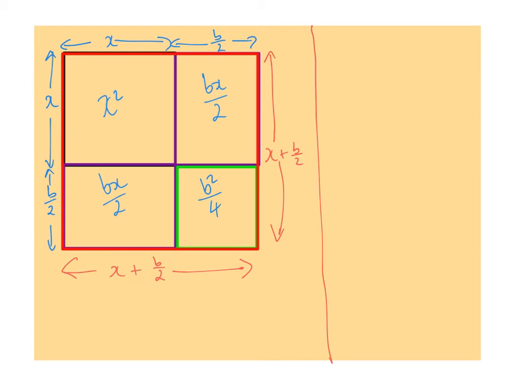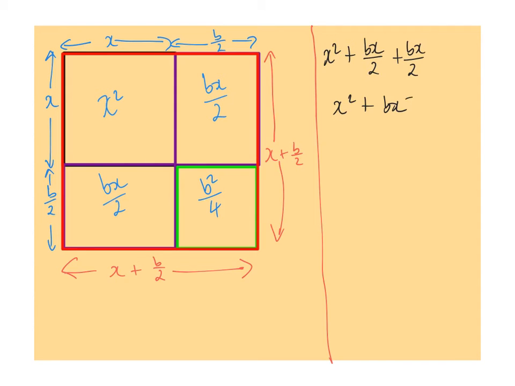We can say that the black add purple areas are x squared add bx over 2 add bx over 2, which of course is x squared add bx.